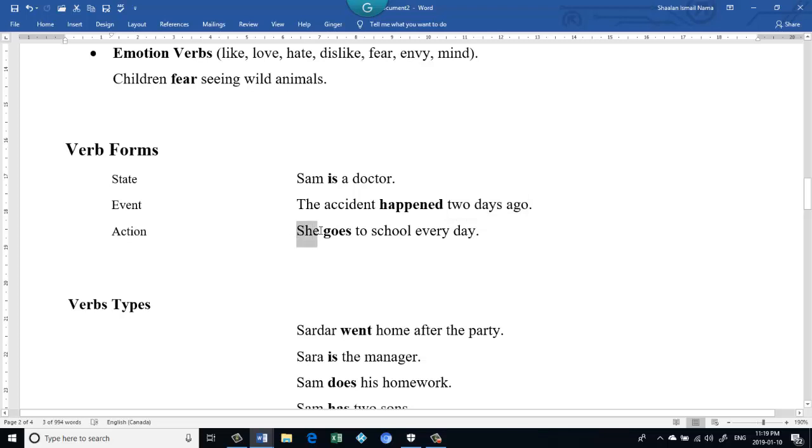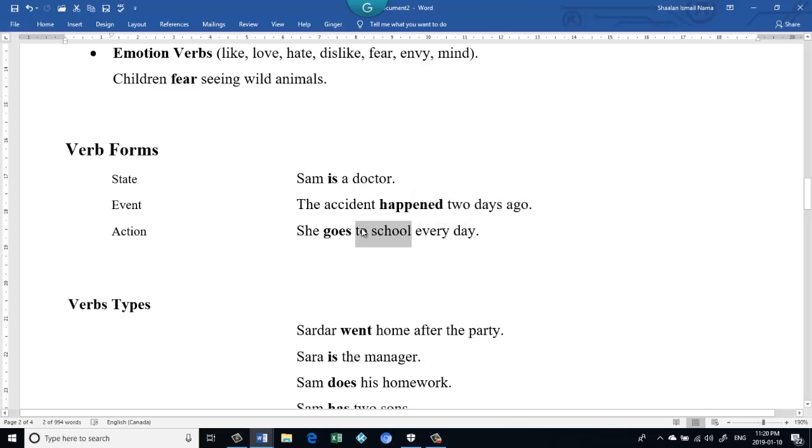For example, she goes to school every day. She, subject, goes, verb, to school every day. To school is a complement because we have a preposition here.